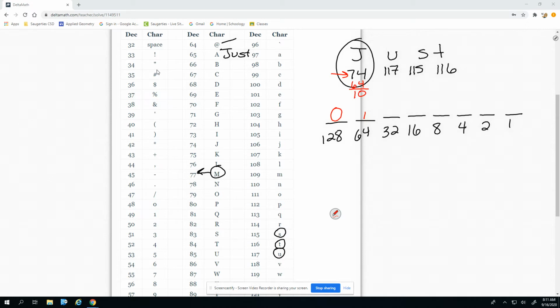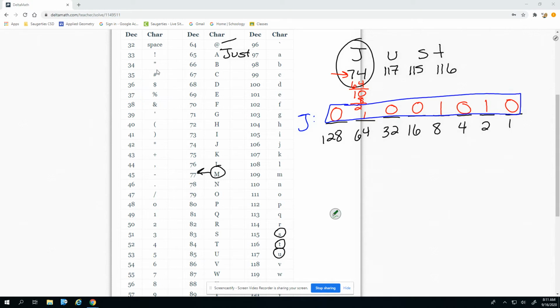Since I have 10, I don't need a 32 or a 16, I need an 8. You can probably do this in your head, but I'm going to write it down. I don't need a 4, I need a 2, and then it's gone, and I don't need a 1. So this is our first byte, and this is the letter J. That would be the first thing entered for the word just.